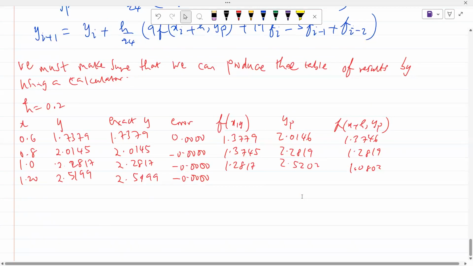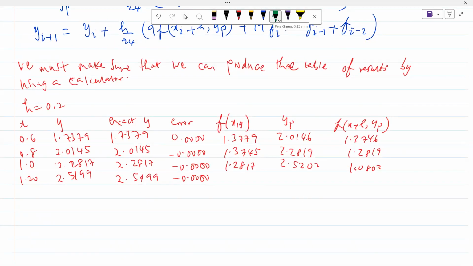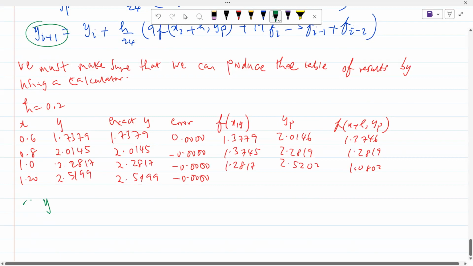Let's look at y i plus 1. I want to get y at the next value. So y at the next value is y what? You have to remember something.